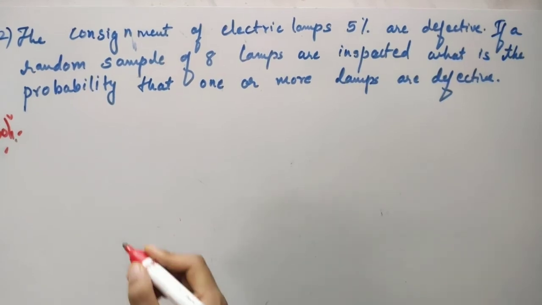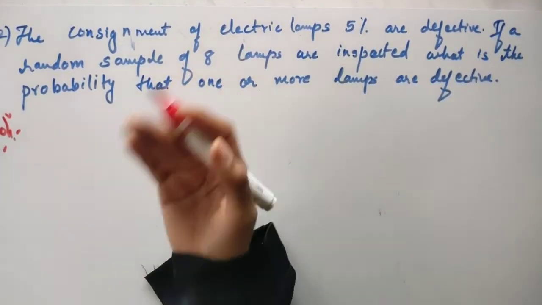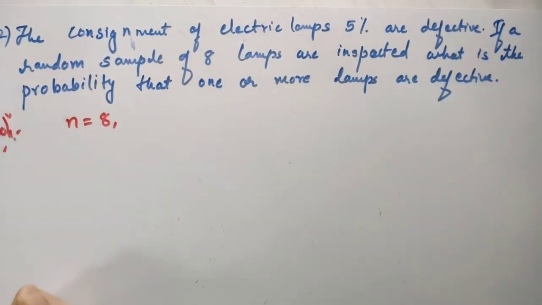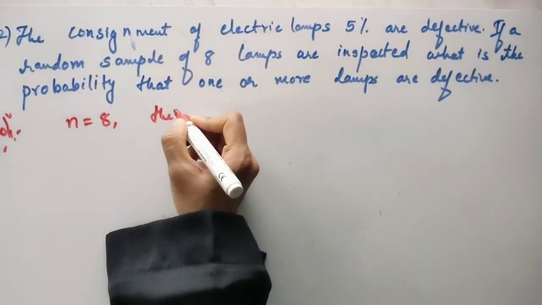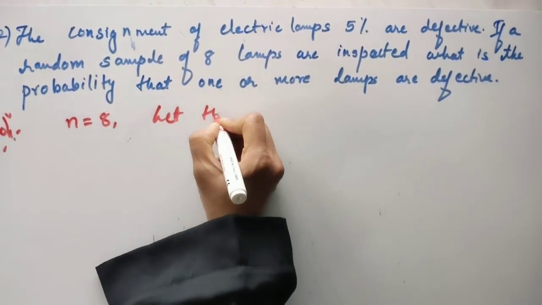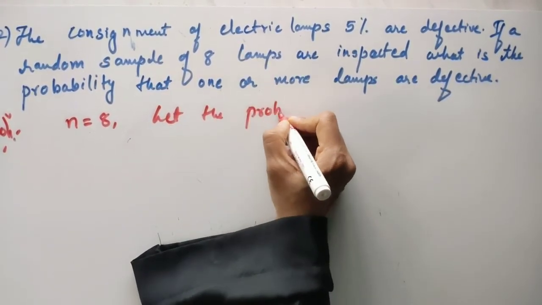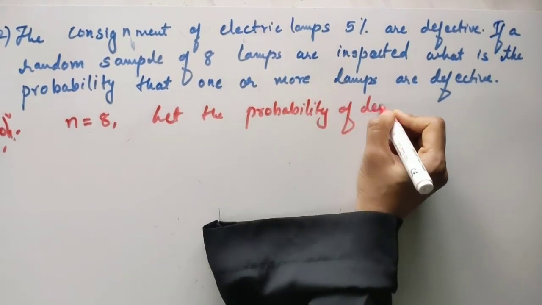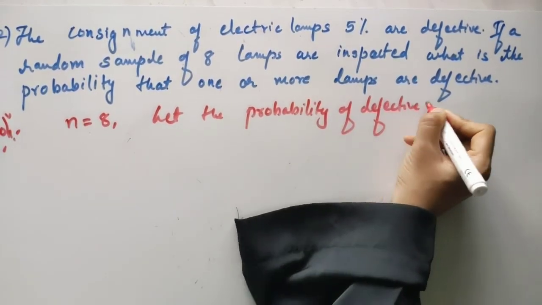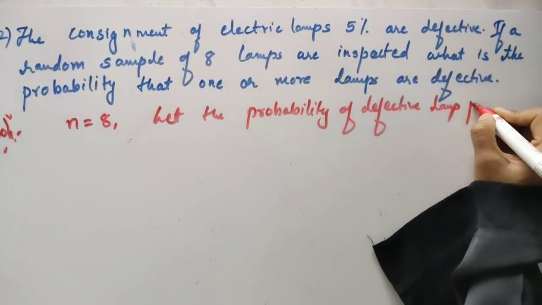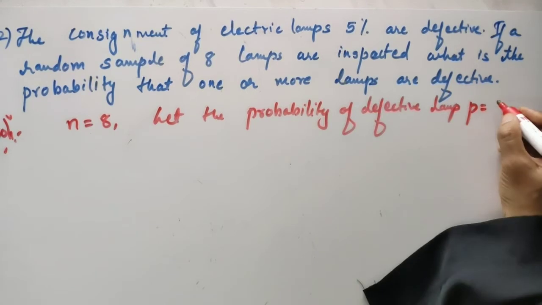First of all, there are 8 lamps, they are inspected at random, so we can consider n is equal to 8. Let the probability of defective lamp be P, and it is given to be 5%.